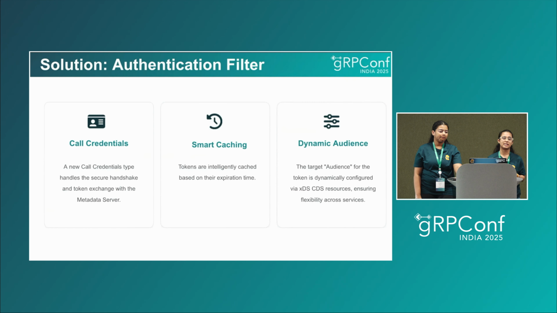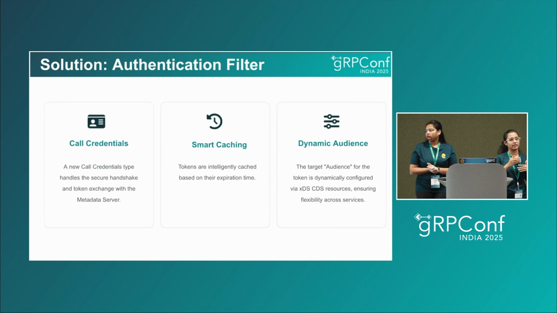But JWT tokens have a specific expiration time. So we use that to our advantage and cache the tokens, and we only query the token when it expires. And again, we use dynamic audience, that is, the token is specified for a single audience so that it cannot be reused or misused.